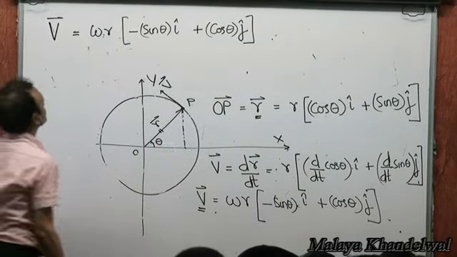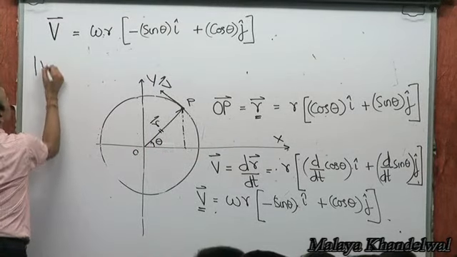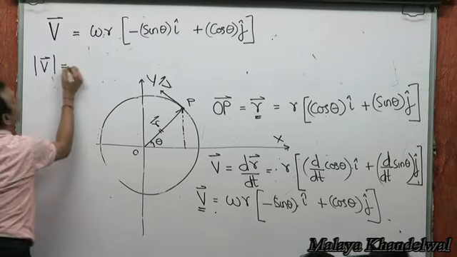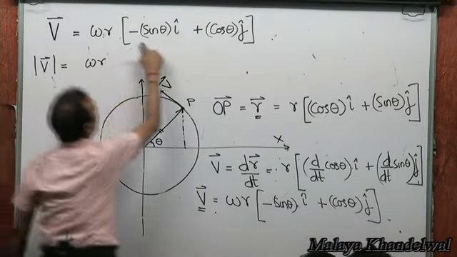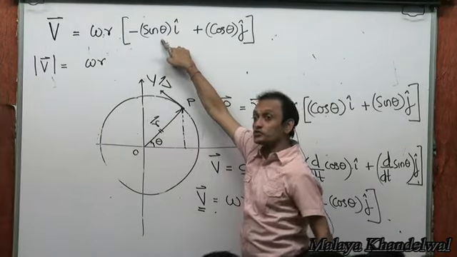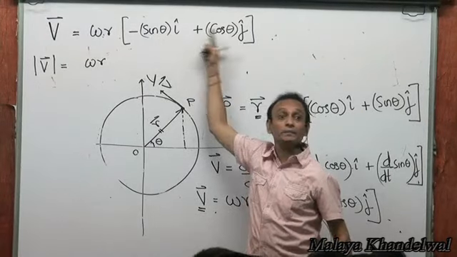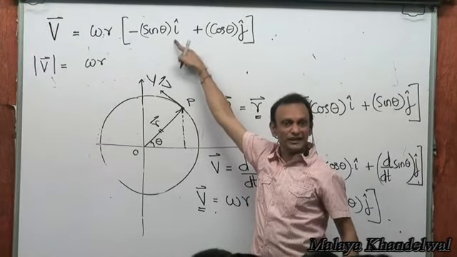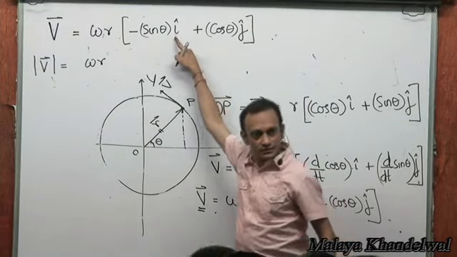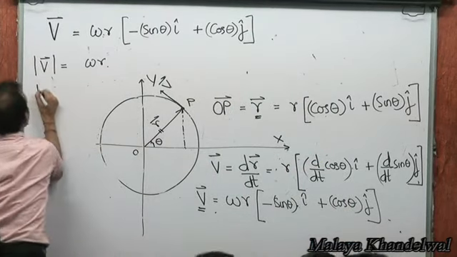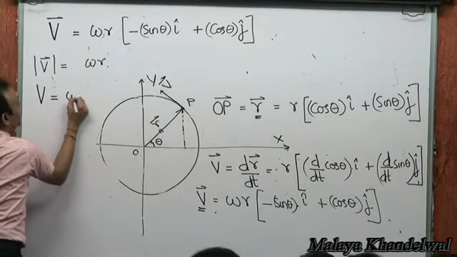So the linear speed would be mod V, which would be omega r times the magnitude of this. Magnitude of this is root of minus sine theta whole squared plus cos squared theta, which is 1. Magnitude of this vector is 1, isn't it? So the linear speed V is omega r, as we saw earlier as well. V is r omega.